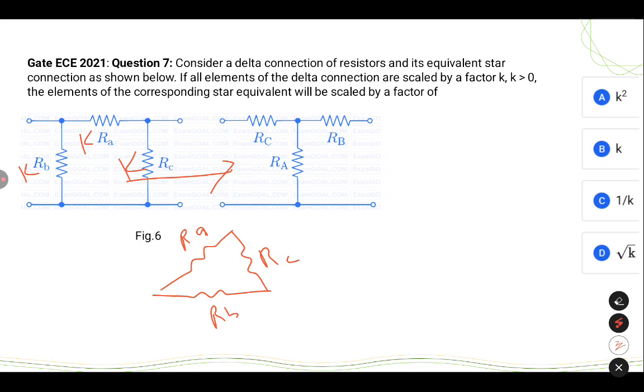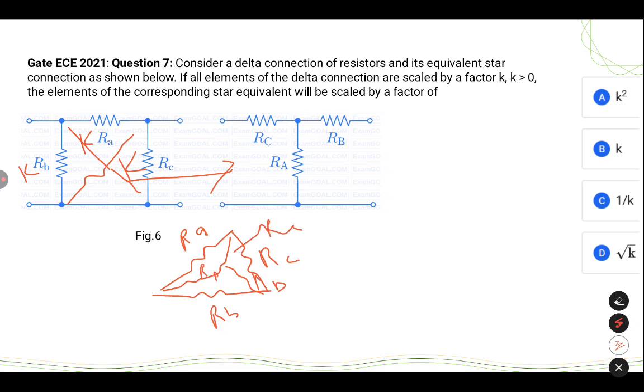Rc is connected like this. Ra means this one, then Rb, Rc.